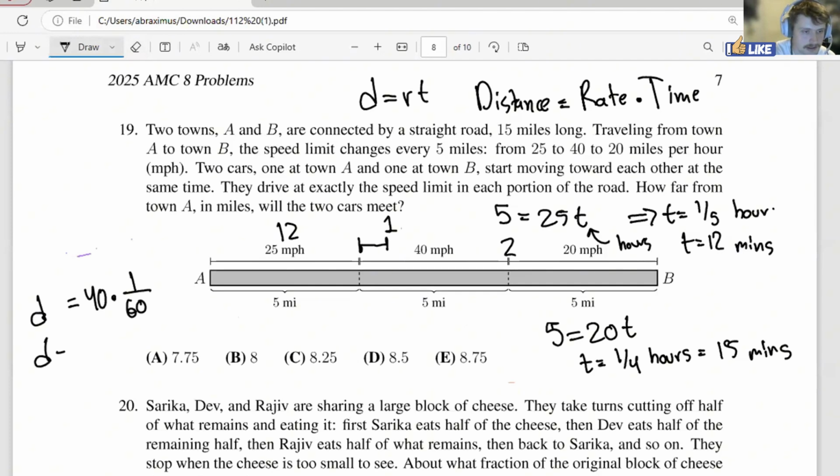So the distance is equal to 2/3 of a mile. So after 3 minutes, pardon me, after 3 minutes, the first driver has gone 2 miles. Okay, so they're at the 7-mile mark and they are at the 10-mile mark.